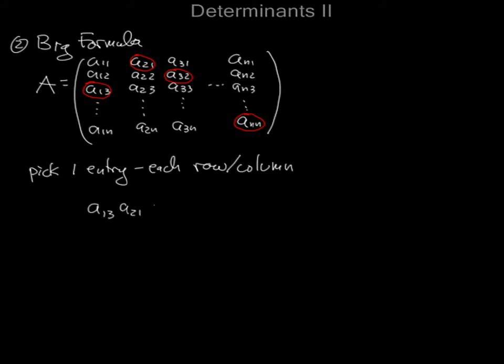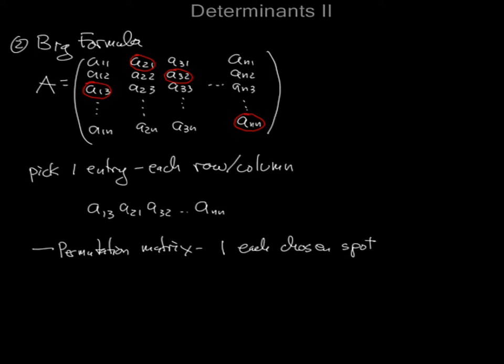Now, what you do is you take the product of those corresponding entries, and you make a permutation matrix out of this choice by putting a 1 in each place that you chose. So remember, a permutation matrix is given by a 1 in each row and each column. So in this example, you would get this permutation matrix.